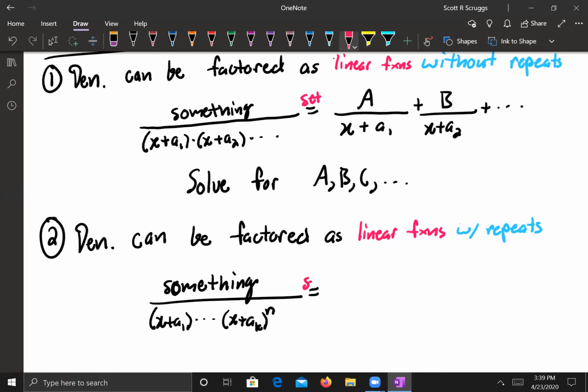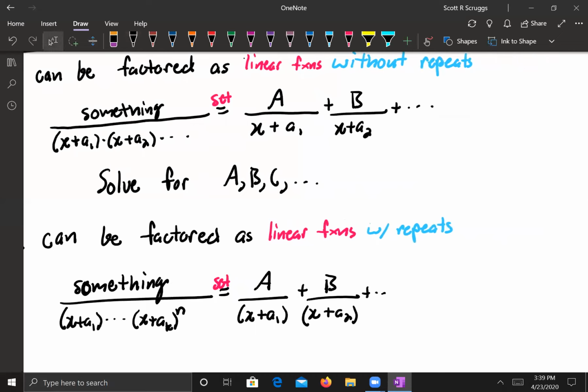So just like before with case 1, I'm going to set up as normal for all the linear terms that are not repeating. That's still normal, let's say the a2 term was still normal, and so on. But once I hit the portion that repeats, let's say I start repeating along the 6th term, then for the next denominator I'm not going to write down the next distinct factor.